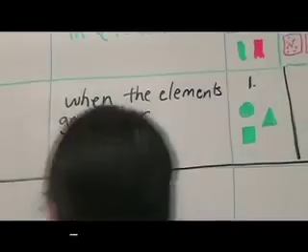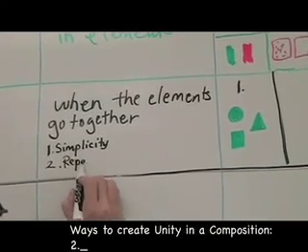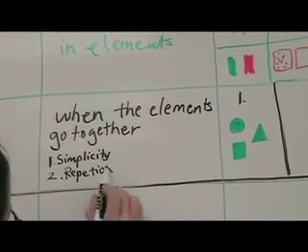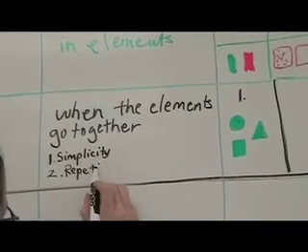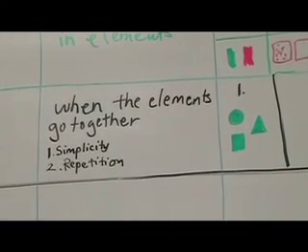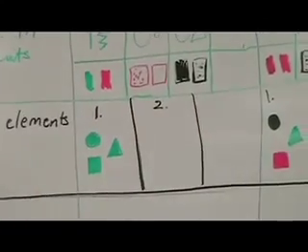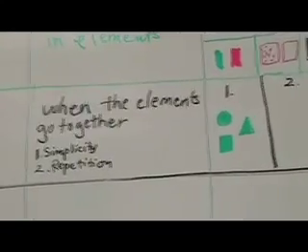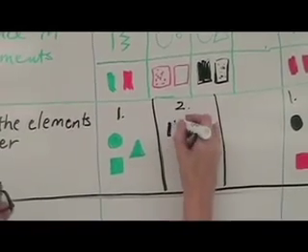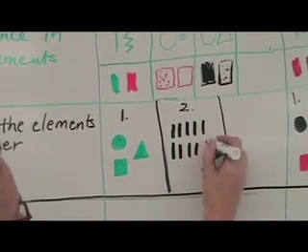What's the second one? Simplicity. How else can you create unity? Repetition. Repetition, right. It's hard to spell on a whiteboard. Okay, and in a sense, these tend to overlap a lot, okay? So repetition basically is just using the same thing over and over again.